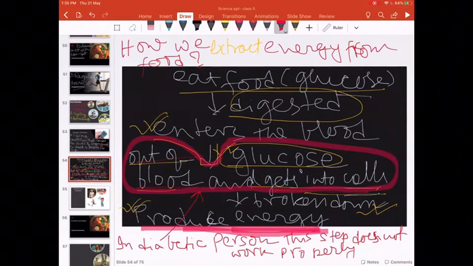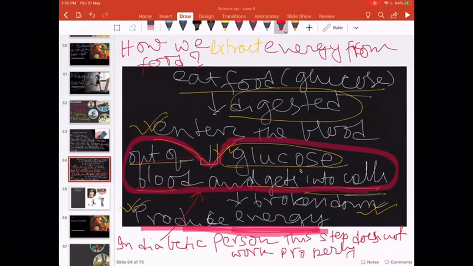So the entire amount of glucose from the blood of a diabetic person is not coming out of it and getting into the cell to produce the entire amount of energy we need. That's why a diabetic person does not have that much energy that you and I would have, because the entire glucose is not getting broken down to produce energy.